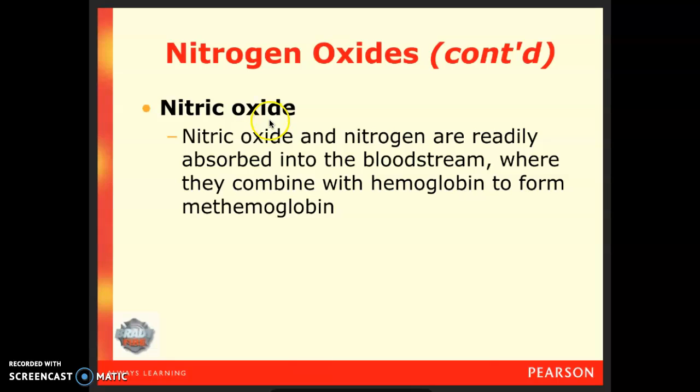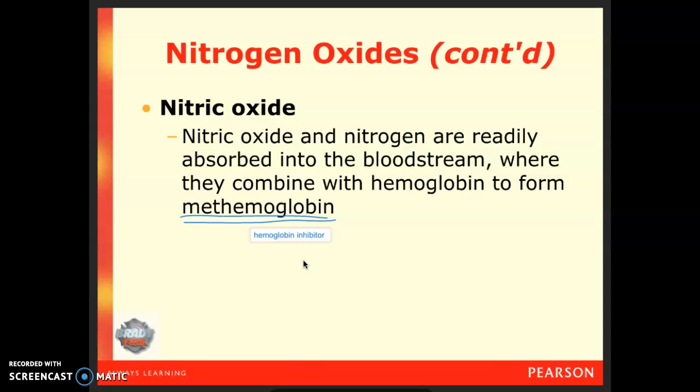Now, if high enough concentrations of nitric oxide and nitrogen dioxide are put into your body system, they can actually bond with your hemoglobin and form methemoglobin. Methemoglobin is a hemoglobin inhibitor, and will make it difficult for the hemoglobin to do its actual job of transporting oxygen to the rest of your body systems.